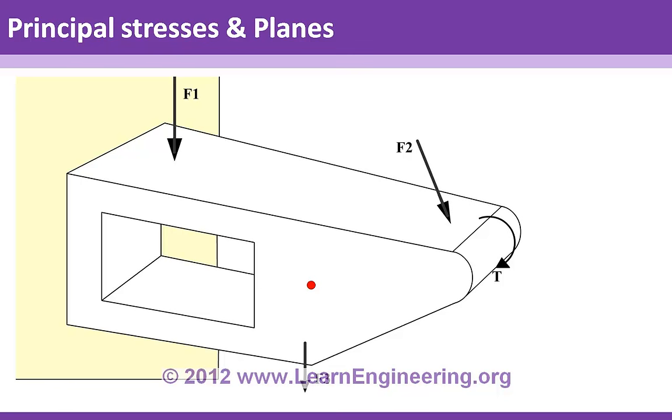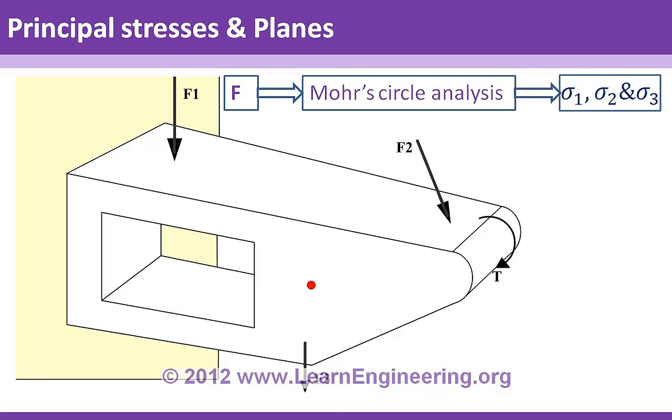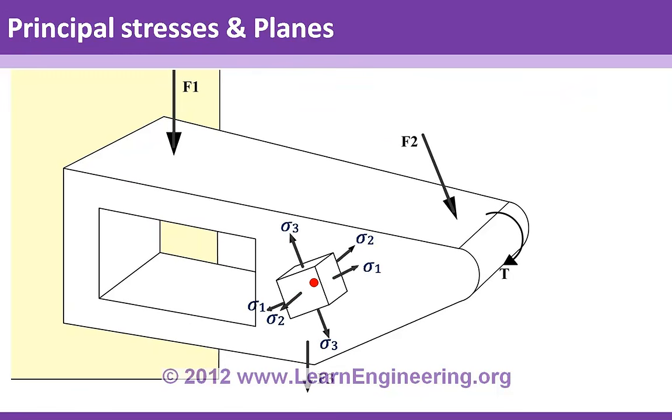And if you want to find out these values, meaning the orientation of the plane and the value of stress, you have to do Mohr circle analysis, where you give force as your input and you get principal stresses and principal planes as output. For a 3-dimensional system, there will be 3 principal stresses when you do Mohr circle analysis.